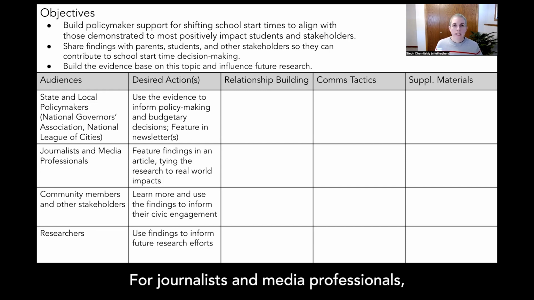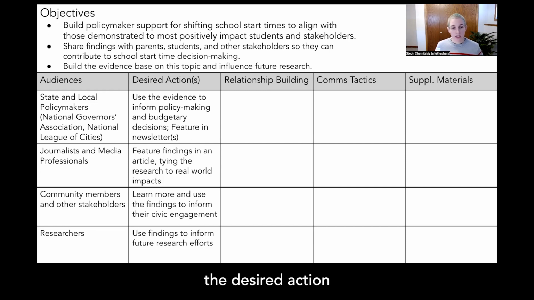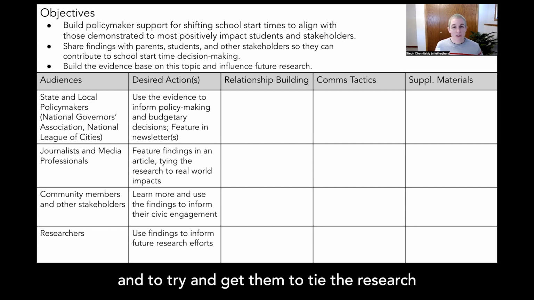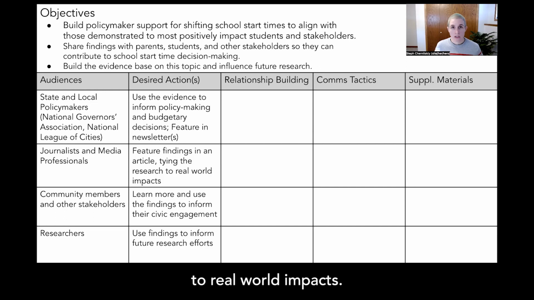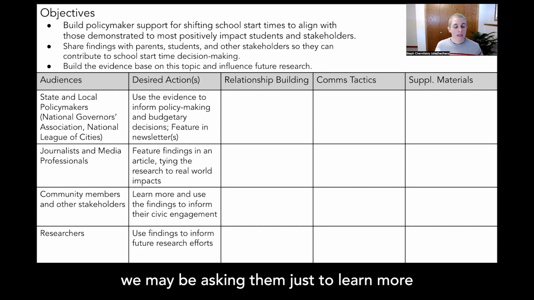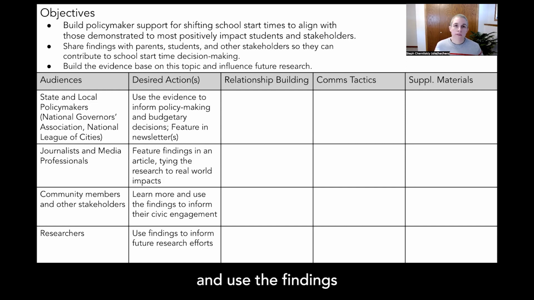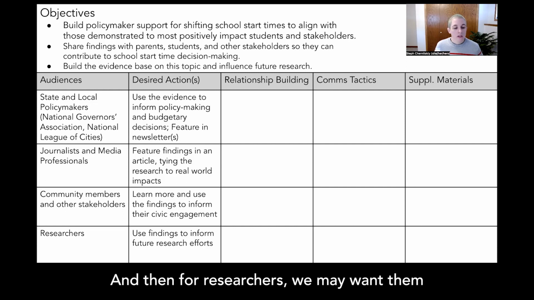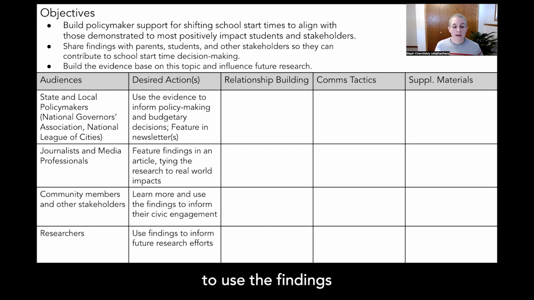For journalists and media professionals, the desired action may be to feature findings in an article and to try and get them to tie the research to real-world impacts. Community members and other stakeholders, we may be asking them just to learn more and use the findings to inform their civic engagement. And for researchers, we may want them to use the findings to inform their future research efforts. So that's where we are so far.